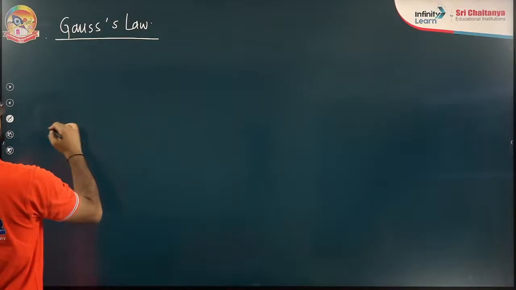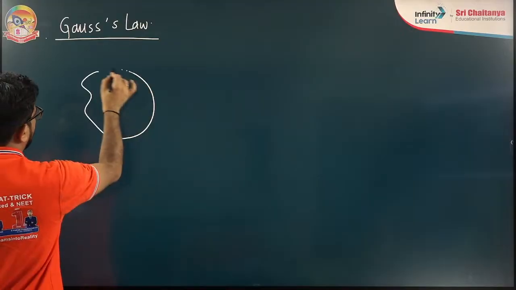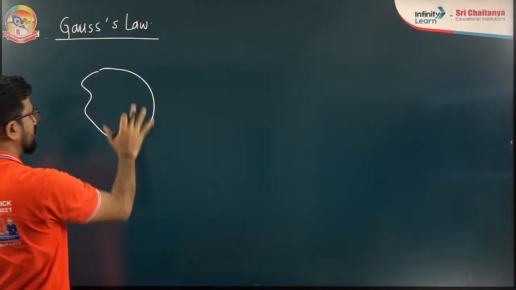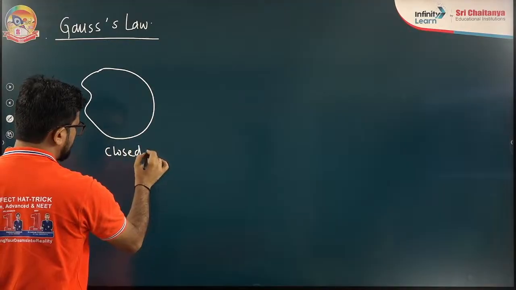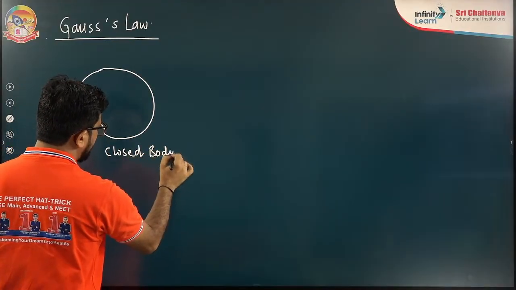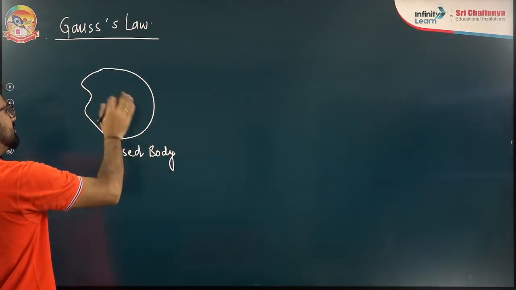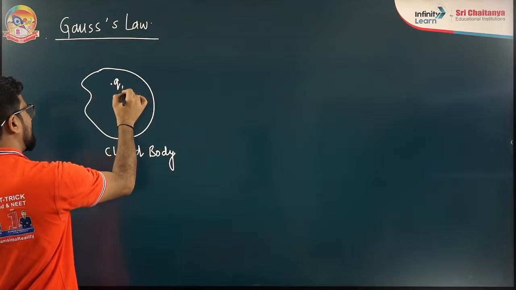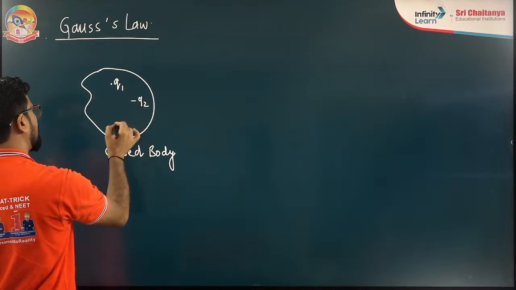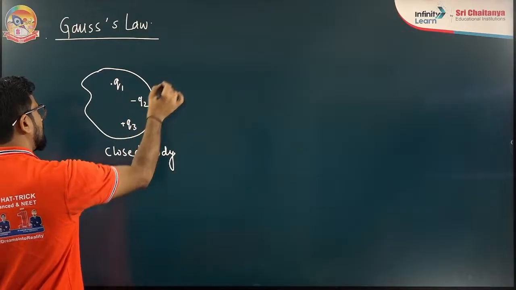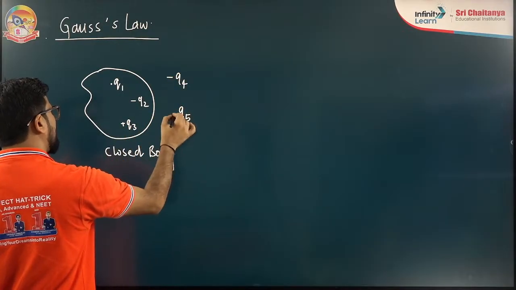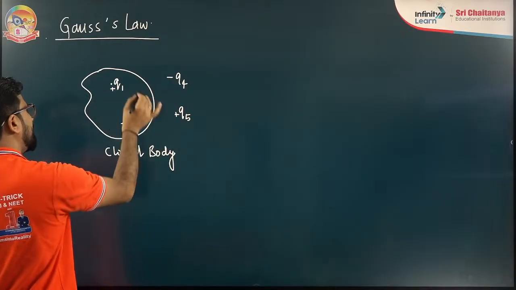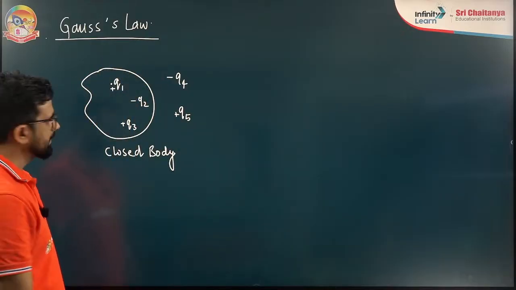He said very simple: suppose there is any closed body. This is the closed body I am talking about, very simple, no confusion. In this closed body there are some charges, q1, minus q2, plus q3, minus q4 and q5, different charges placed here.